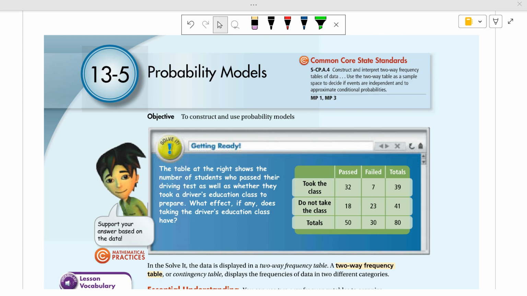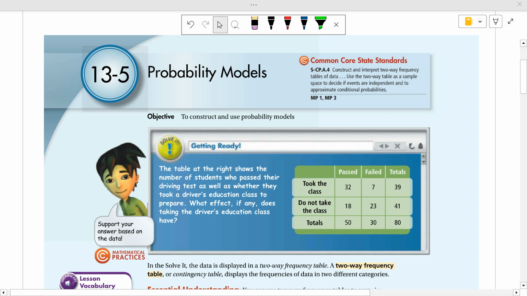The table to the right shows the number of students who passed their driving test, as well as whether they took driver's ed or did not. What effect, if any, does taking driver's ed class have? If they took the class, then 32 of the 39 passed the test.